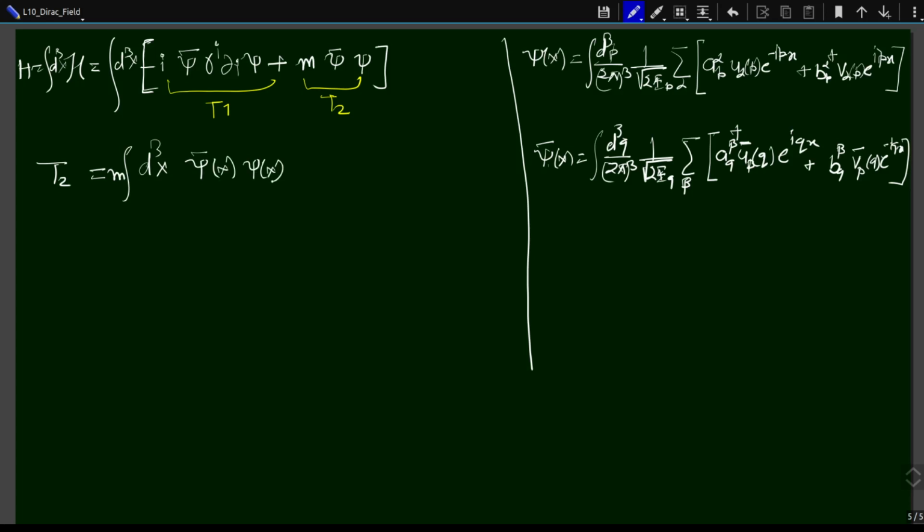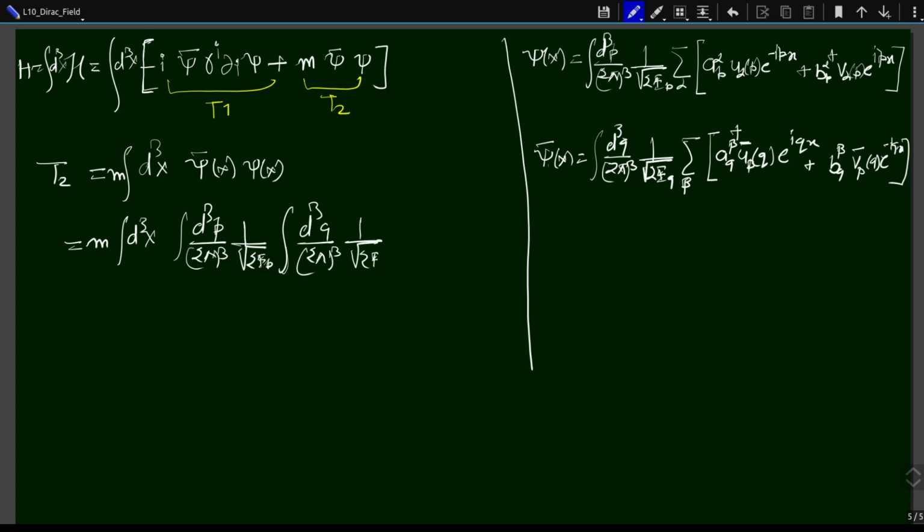Now psi bar and psi each have this structure, so there will be a lot of integrals over here: d3x, d3p by 2 pi cubed, 1 by square root of twice E_p, then d3q by 2 pi cubed, 1 by square root of twice E_q.